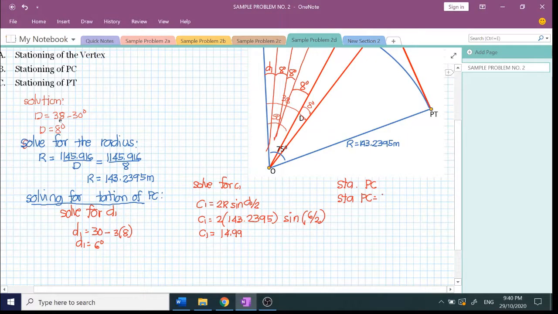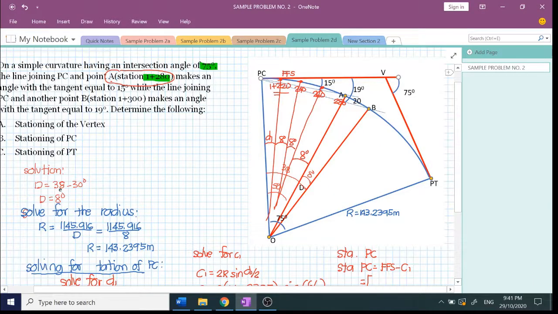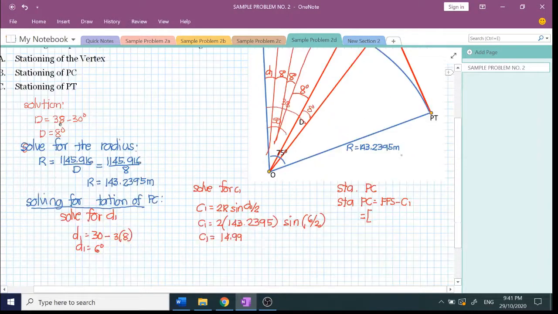And the first full station, as we saw earlier, let me go back, is 1 plus 220. So that is equal to 1 plus 220 minus C sub 1, which is 14.99.